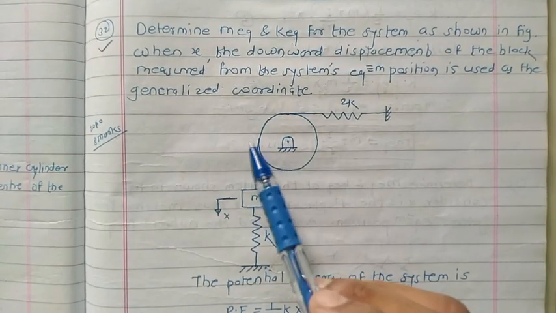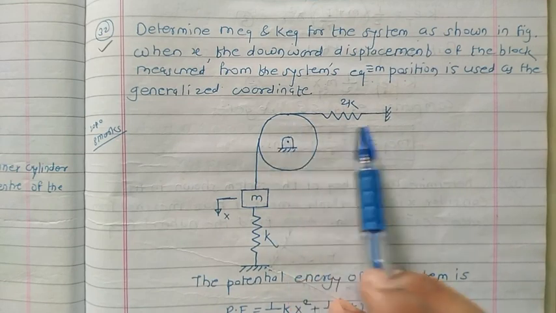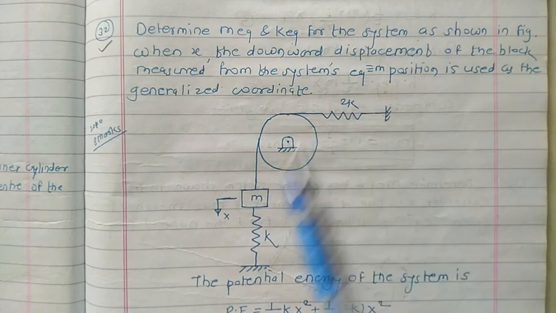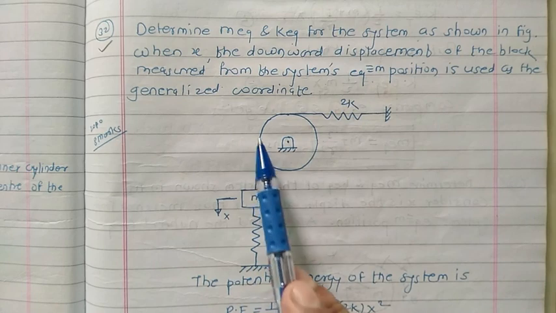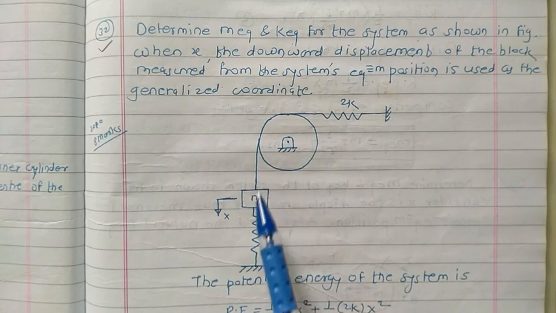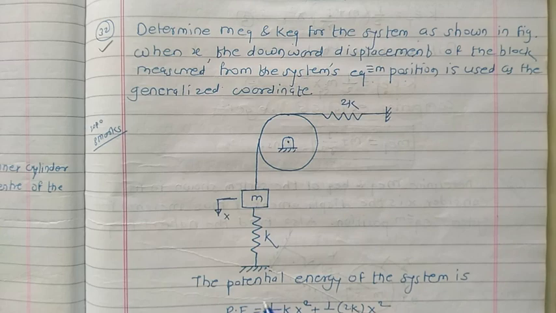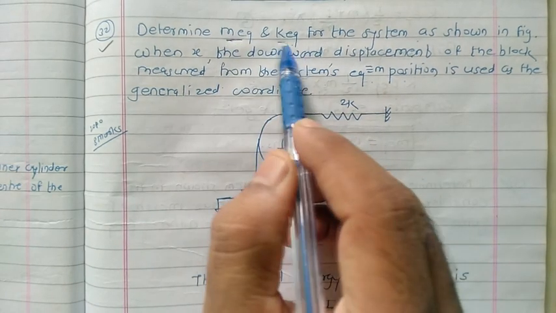The system consists of one pulley; on one side a spring is attached whose stiffness is 2k, and another spring is here whose stiffness is k. A mass is attached at the end, whose displacement is x. Here our aim is to find the M equivalent and K equivalent.